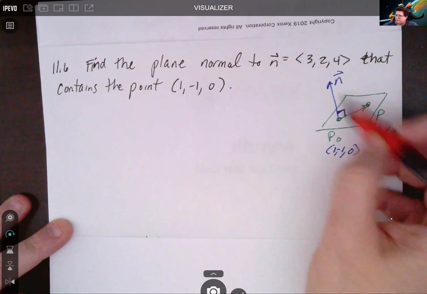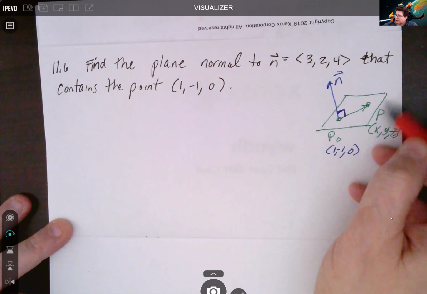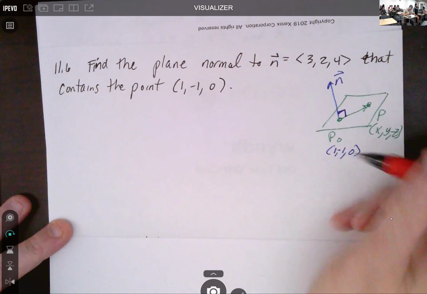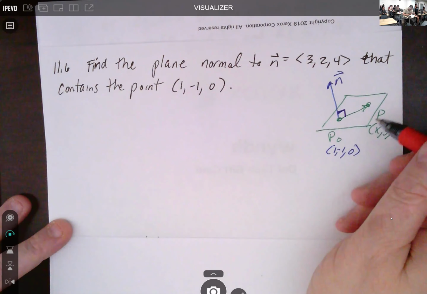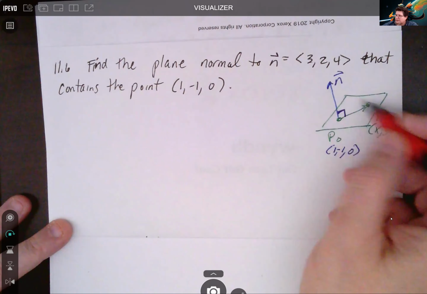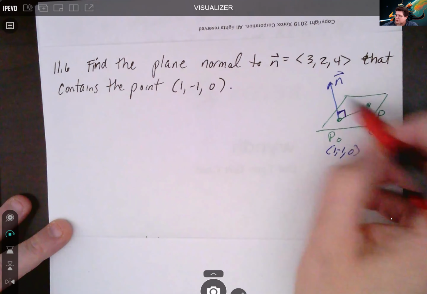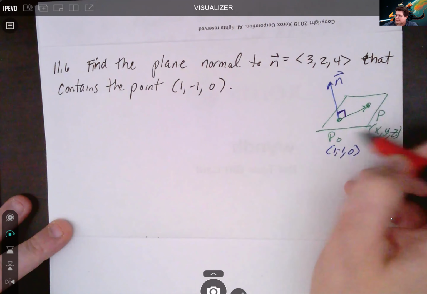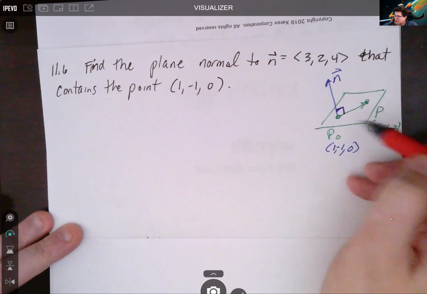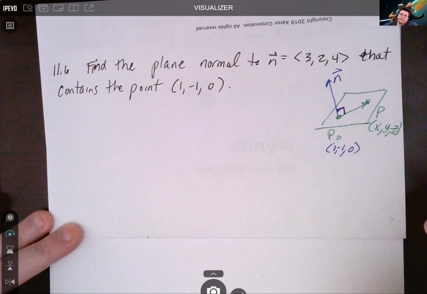That'll just give us information about the triangle. We want to talk about the plane. Tangent is not your direct angle, and we don't want the triangle. We want the plane that P naught P is in. So what relationship do these two vectors have?